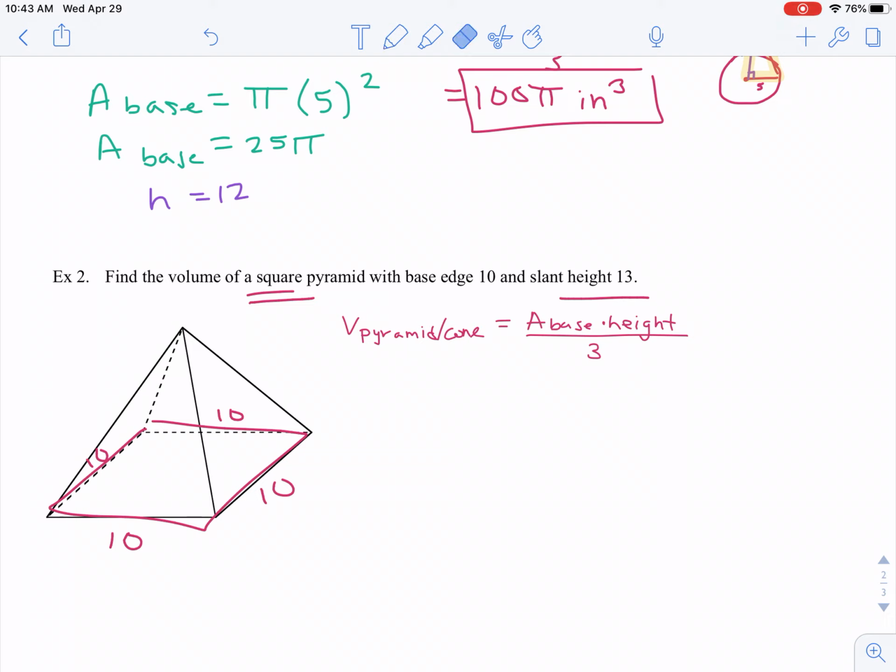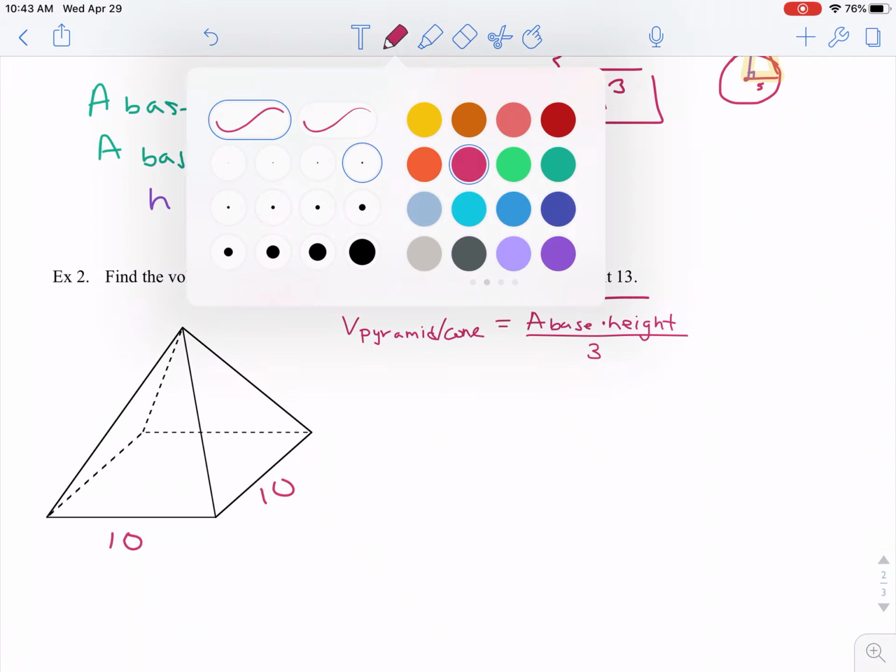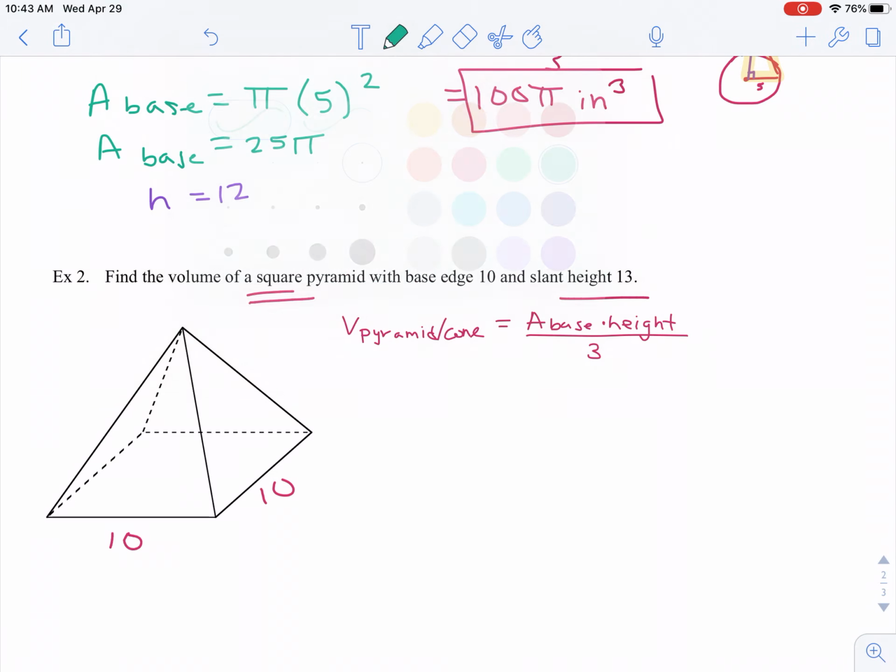Okay, so I could draw that a couple different places. The slant height could be drawn from the point or the apex to the middle of any of our faces. So let's say I draw it here. That slant height is what we're talking about when we say slant height is 13. So this is 13 right here.